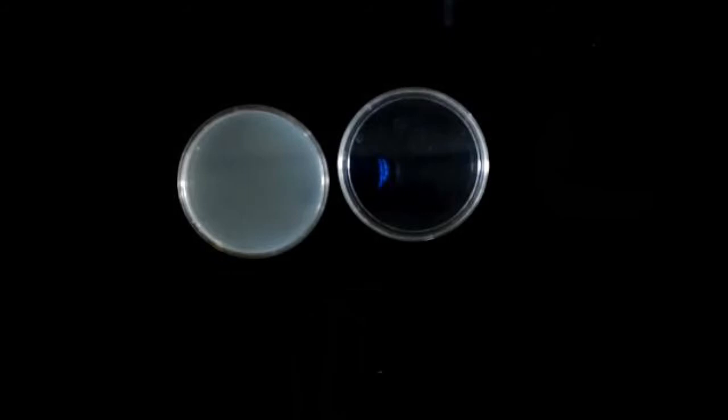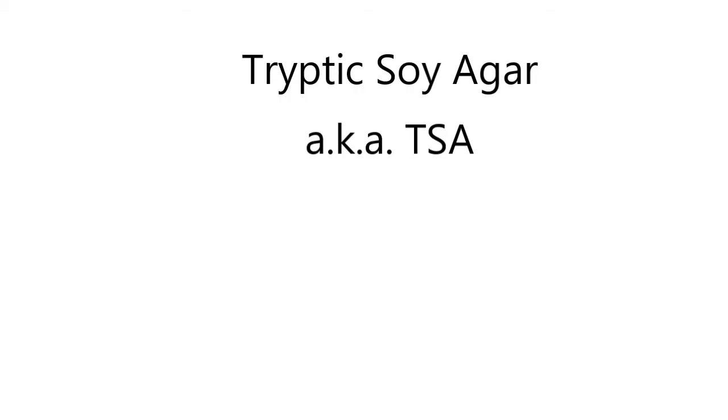The name is recorded in the write-up of your module. We usually refer to tryptic soy agar as TSA, which of course would be an acronym for tryptic, which is the T, soy, which is the S, and agar, which is the A.